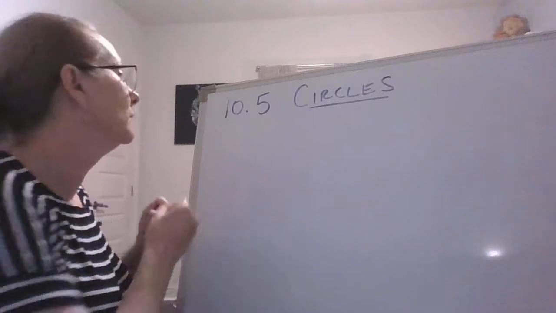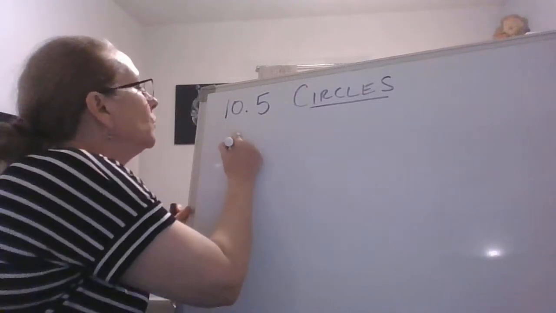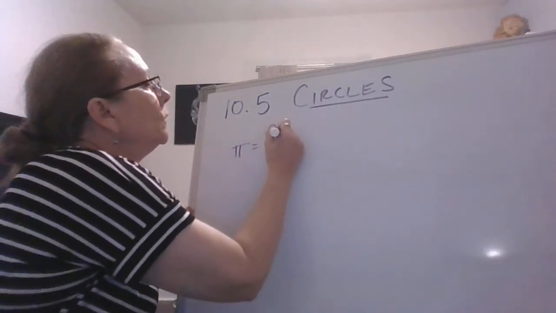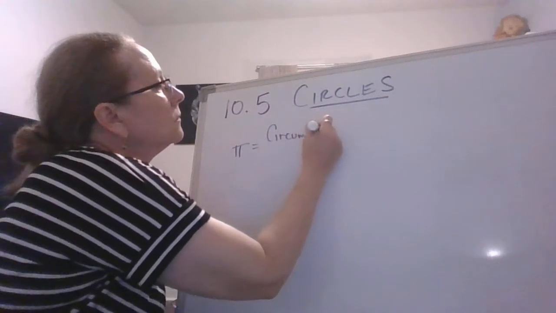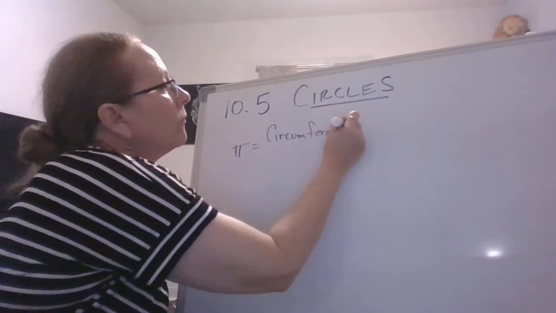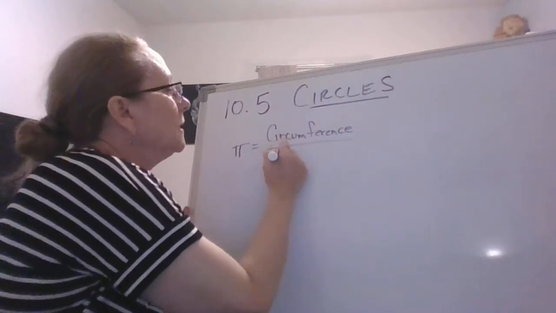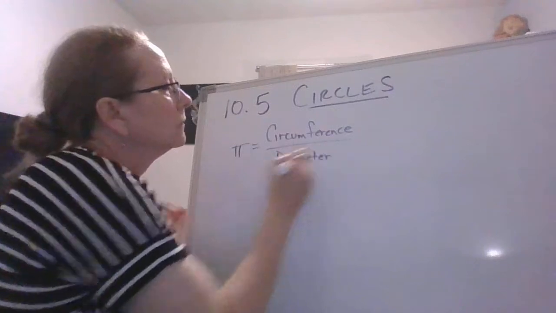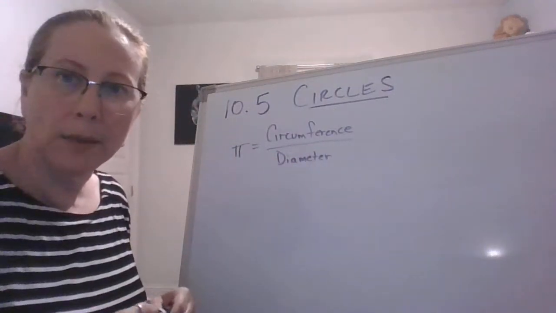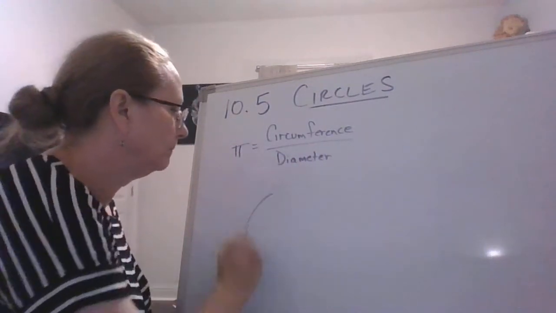Well, pi is actually your circumference divided by diameter. Circumference divided by diameter. And what happens is this.